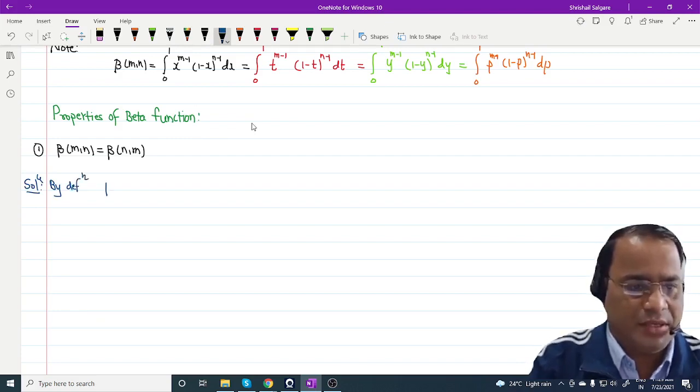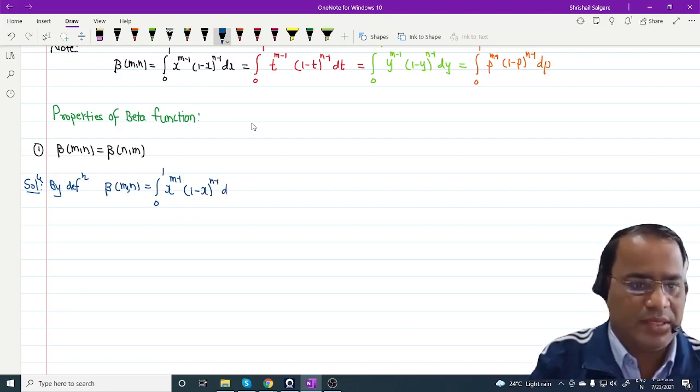By definition, beta of mn is given by the integral 0 to 1 x raised to m minus 1 into 1 minus x raised to n minus 1 dx.